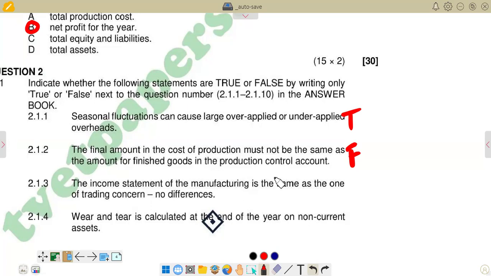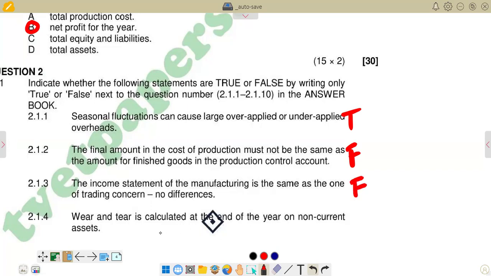When it's a manufacturing business, we carry our production costs to the trading account. It replaces the purchases entry. Purchases represents a trading business, and when it's not a trading business, we don't put purchases, we put cost of production. So on 2.1.3, we have false again.